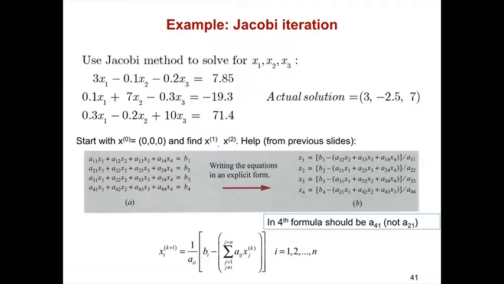Well, you can pick one. That's why we introduced norms of vectors. Now, you can also do it element by element, and request that all of the absolute values of those differences divided by the old are smaller than some epsilon.